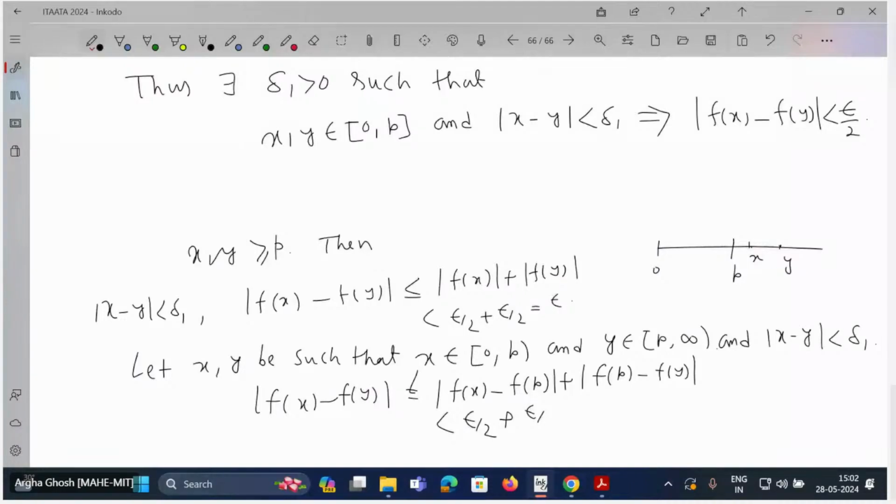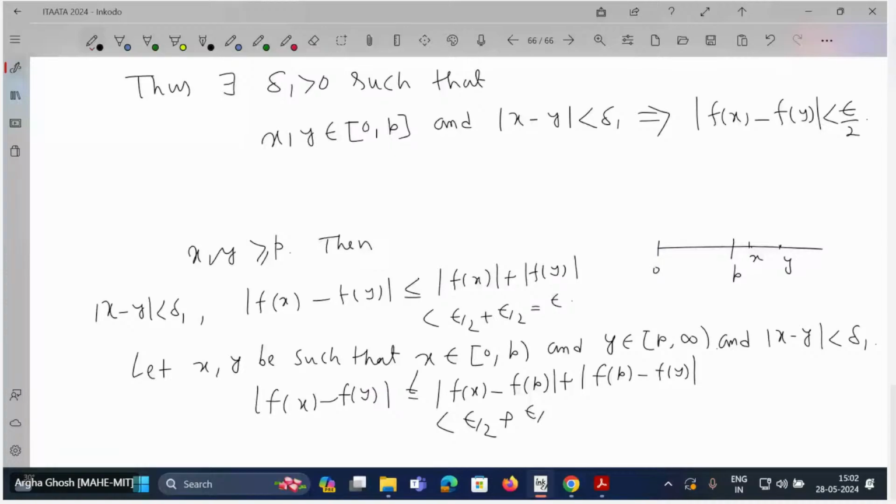So a little bit of adjustment is needed. That's why you need to consider that |f(p) - f(y)| should be less than epsilon by 2. Otherwise, you will have epsilon by 2 plus epsilon. What you can do is adjust there, like epsilon by 3, epsilon by 3, or epsilon by 4, and from there ultimately you can do it.